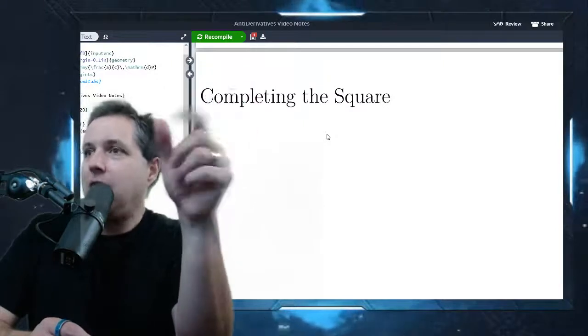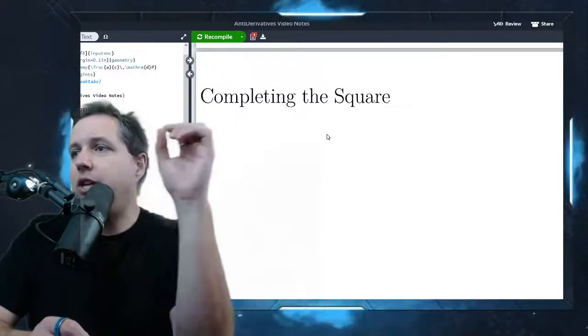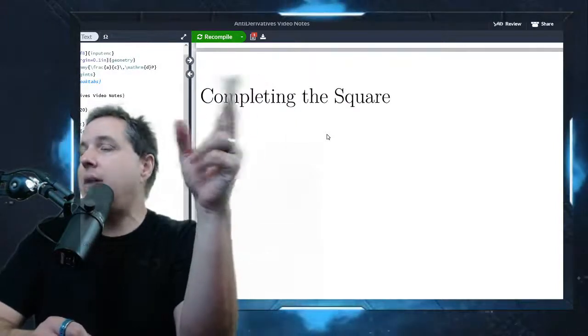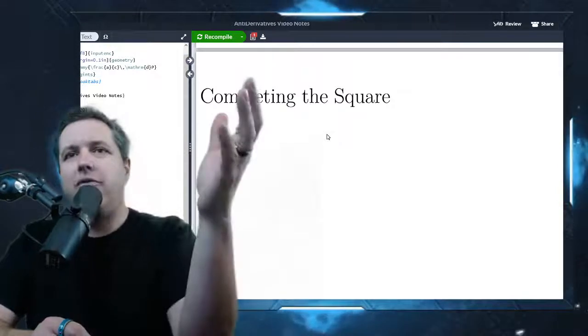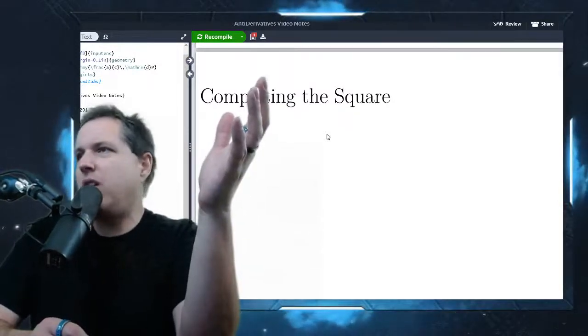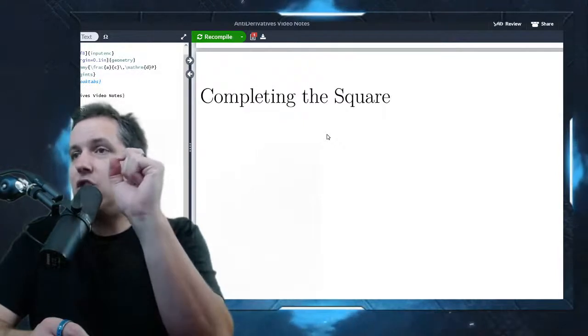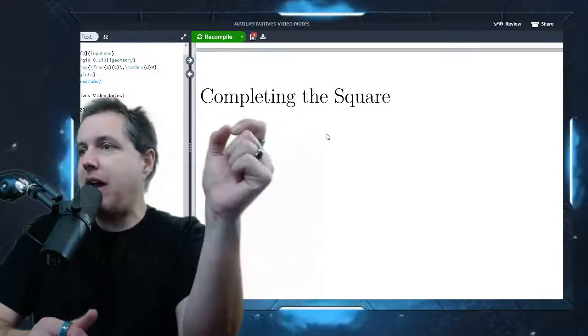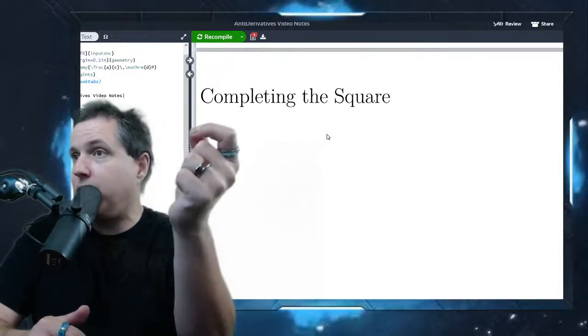Factoring can't. So generally, factoring is an easier process. If you're going to solve an equation by factoring like we did in the last chapter, that's going to be easier than completing the square. Okay, well, great. If we have an easier way of doing it, then why don't we just use that? Well, because there are many quadratic equations that cannot be solved by factoring because the polynomials themselves are not factorable.